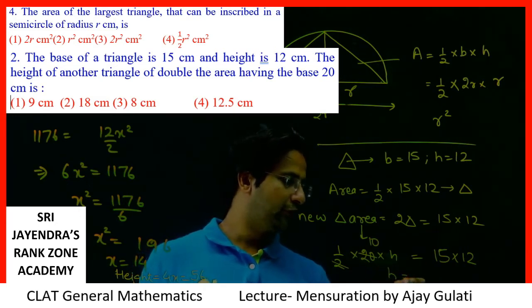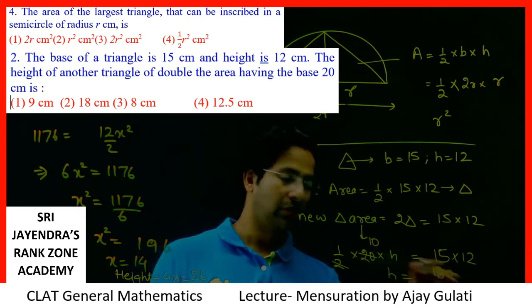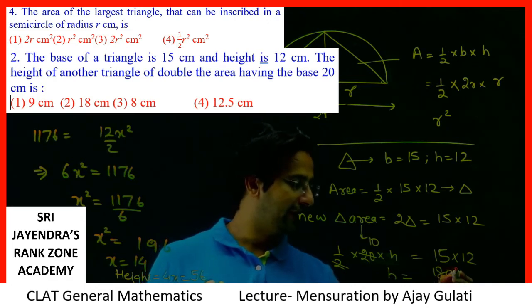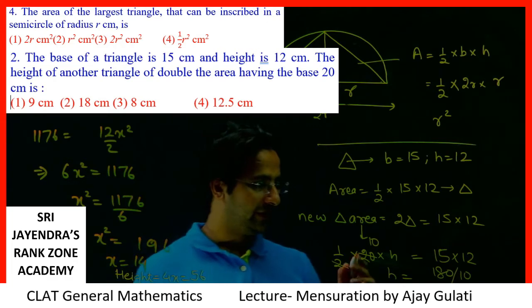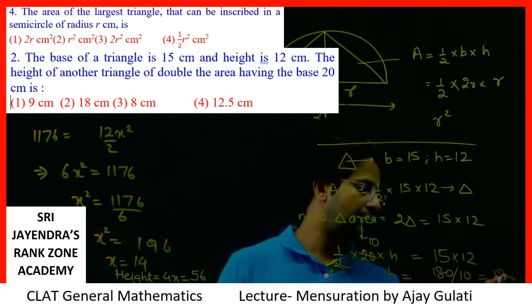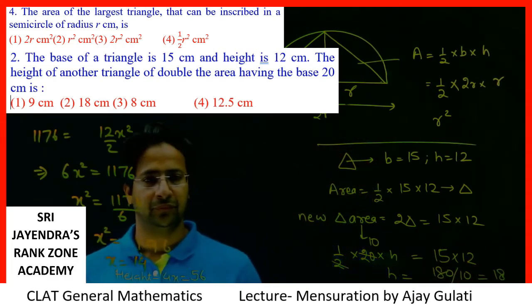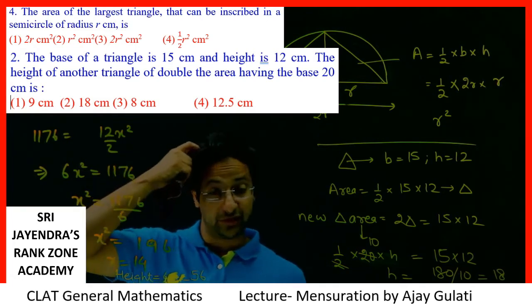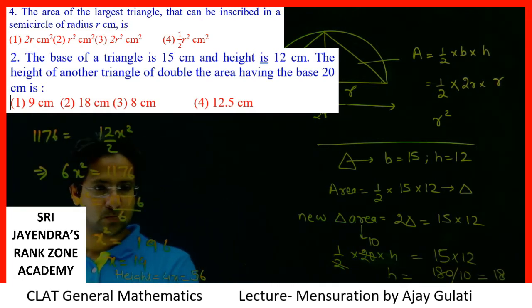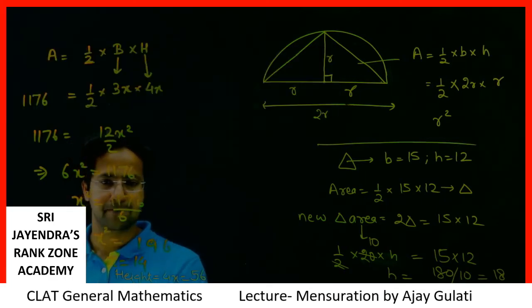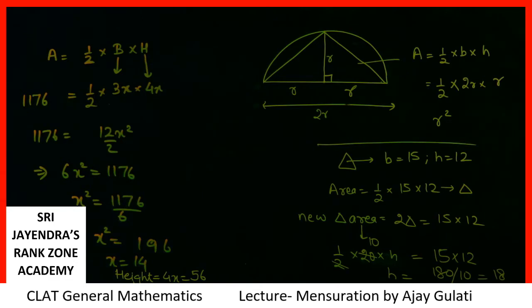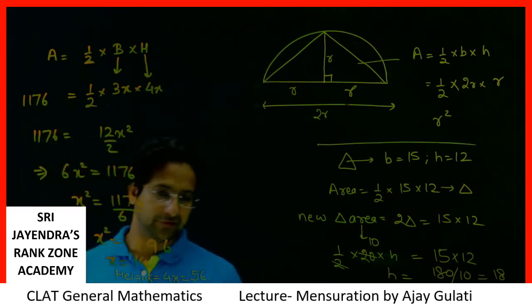So H is equal to 15 into 12 is 180, 180 divided by 10. So I can say this H is equal to 18. Dear students, you can copy or you can take a screenshot of all these questions and all the solutions. Let's move ahead now.